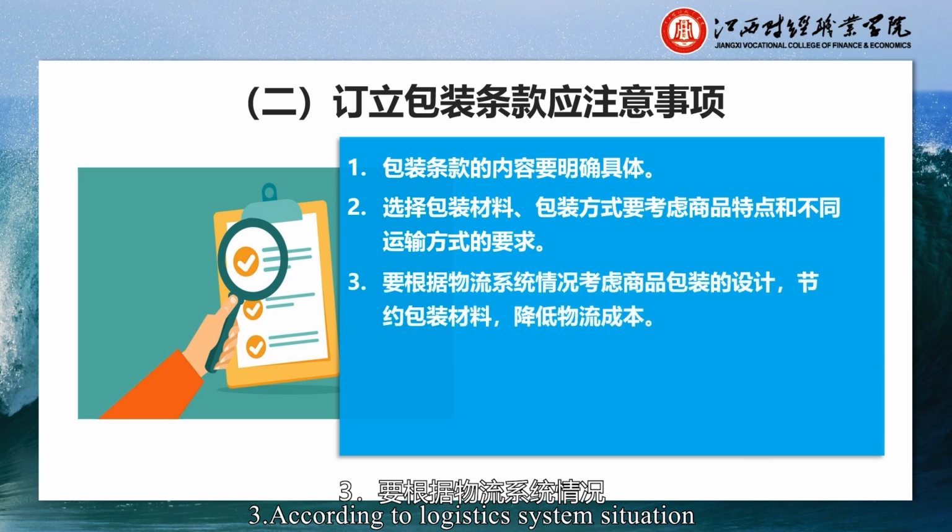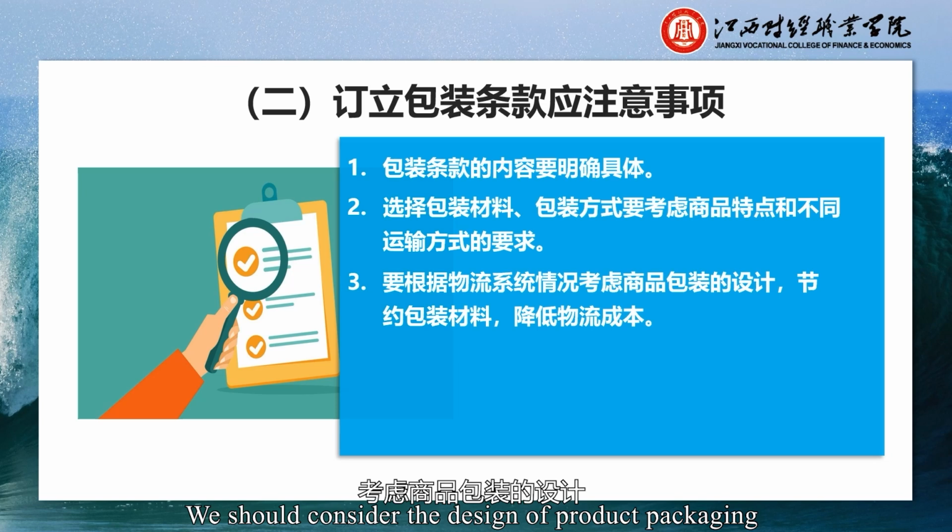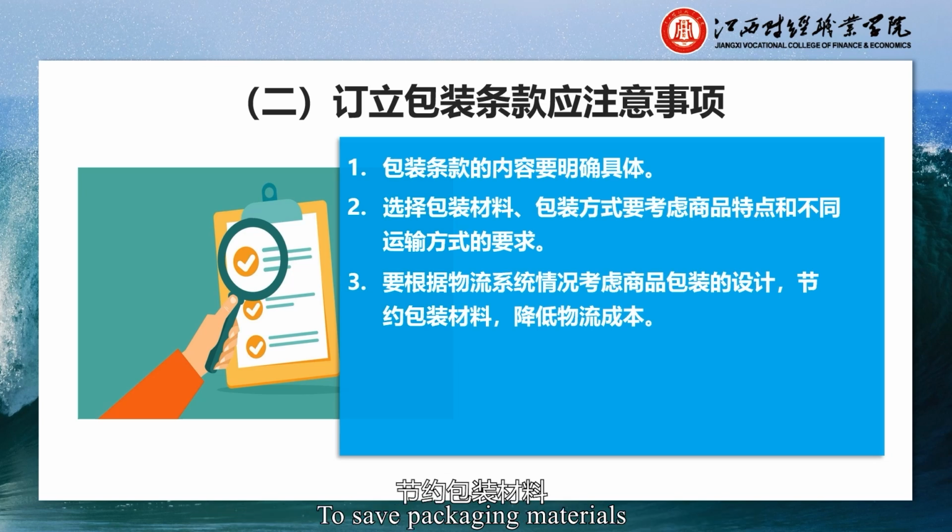Third, according to the logistics system situation, we should consider the design of product packaging to save packaging materials and reduce logistics costs. To improve logistics efficiency and reduce logistics cost, regarding the size of packaged goods, it should be noted to avoid the waste of space during shipment.